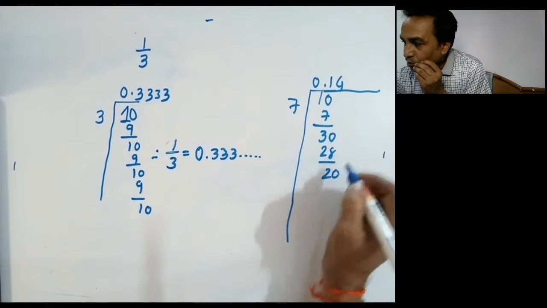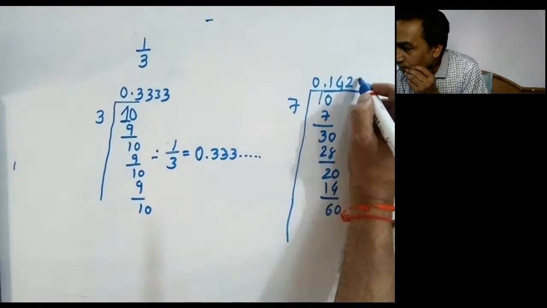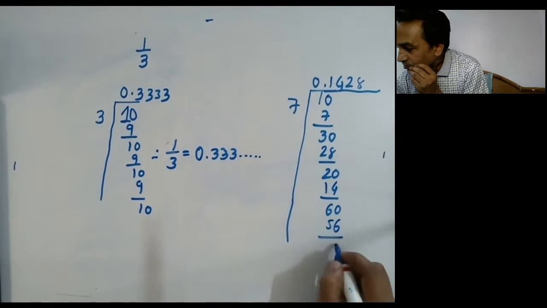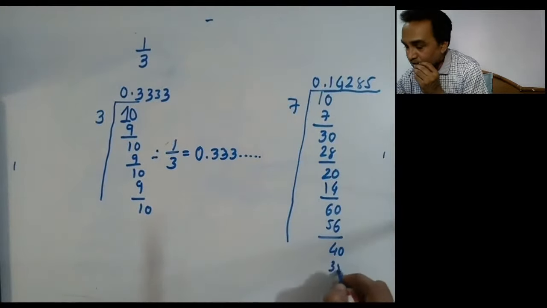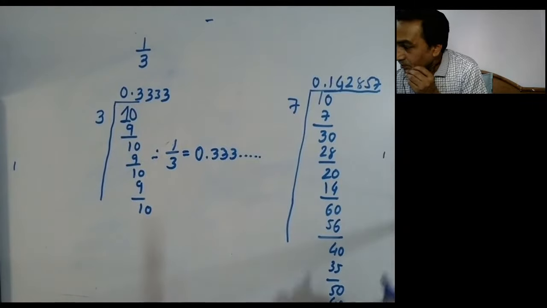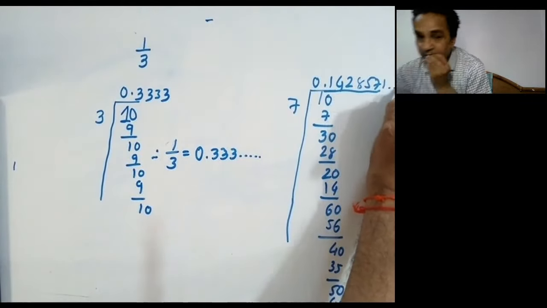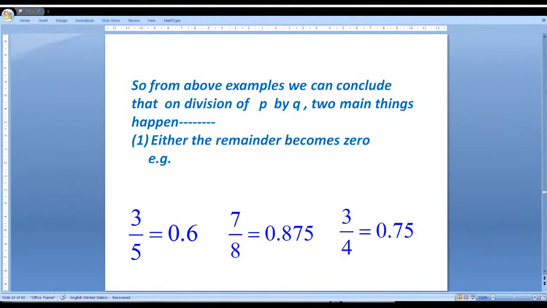28, then 56. That means the remainder never becomes 0, and it is a continuous and repeating block.